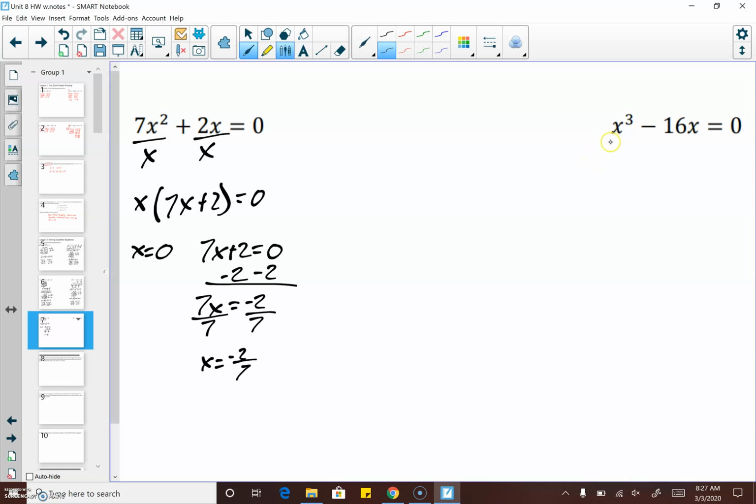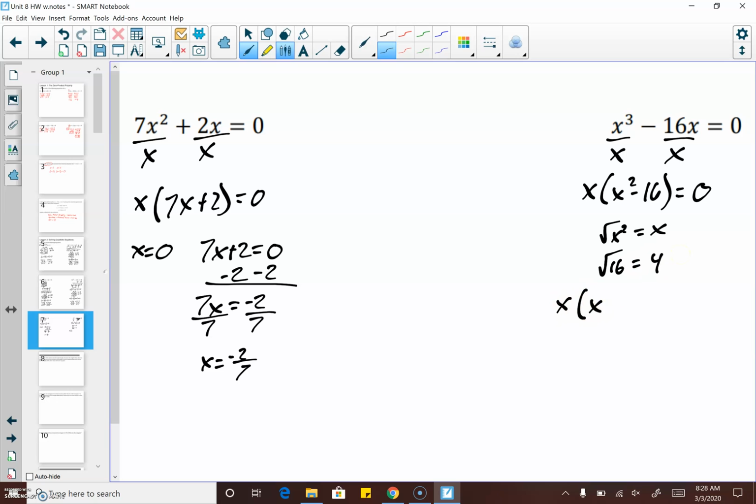Same thing over here. Take out our GCF. They all have an x. So x and then x squared minus 16. Binomial. Now this one does have additional factoring. Okay, it's the difference of two squares. x squared is perfect, 16 is perfect, and there is a minus sign in the middle. Square root of x squared is x, square root of 16 is 4.